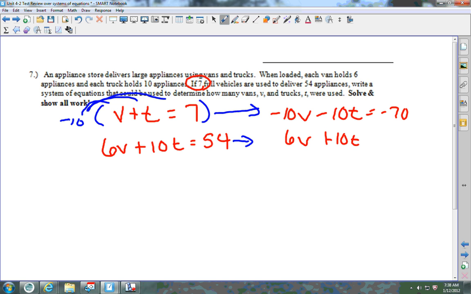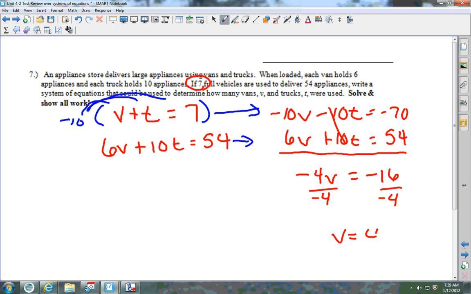Now you could have multiplied the top equation by -6 if you wanted to get rid of the v's first, but it doesn't matter which. So when you put those together, you get -4v. The t's cancel out. And right here, you get -70 plus 54 is -16. Divide by -4.